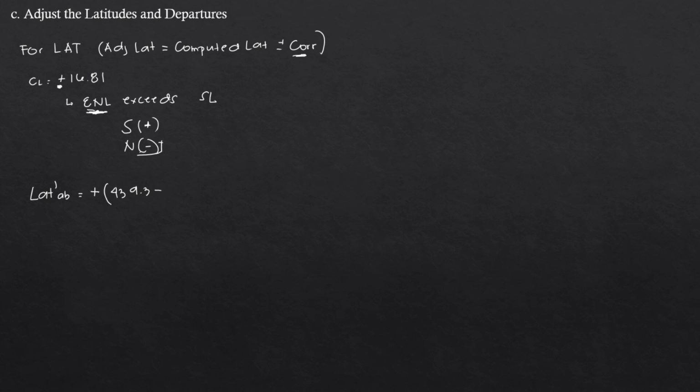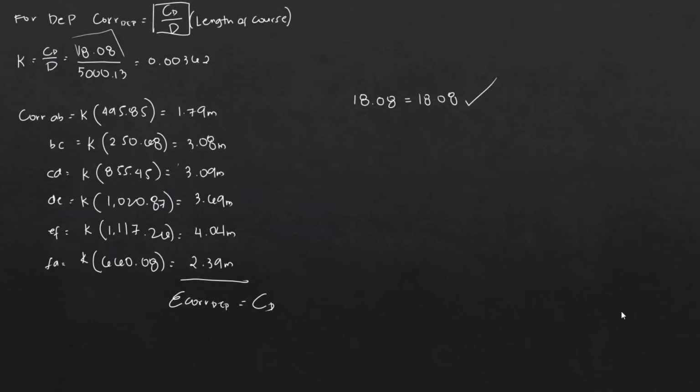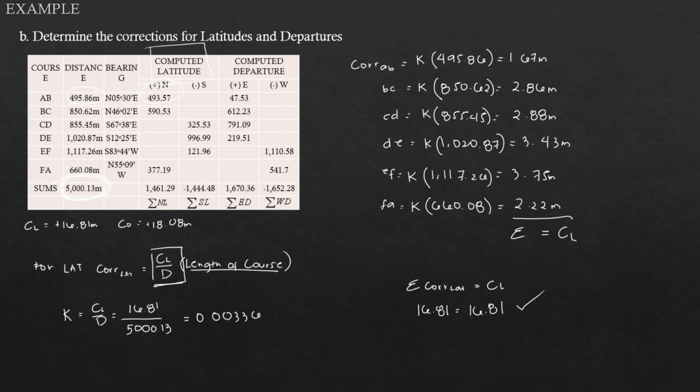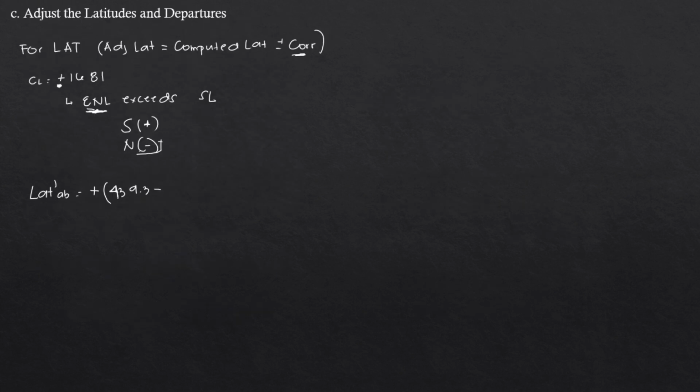So, minus yung correction natin is 1.67. Okay, so ilan to? Positive, yung direction is north, 491.90 meters. Okay, so di ba nasa labas to kasi direction lang siya? Okay, so wag niyo ilalagay sa loob yan. Kasi direction to.